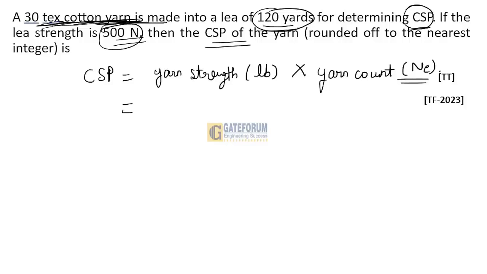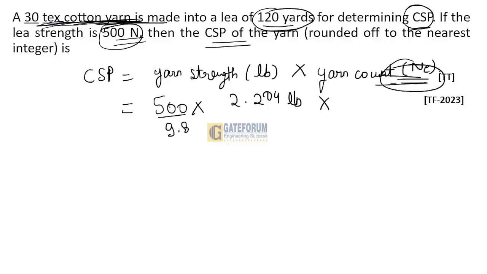So if you calculate this 500 Newton in pounds, then 500 upon 9.8, and you know to convert to pounds, multiply by 2.204. Then multiply by the indirect count.